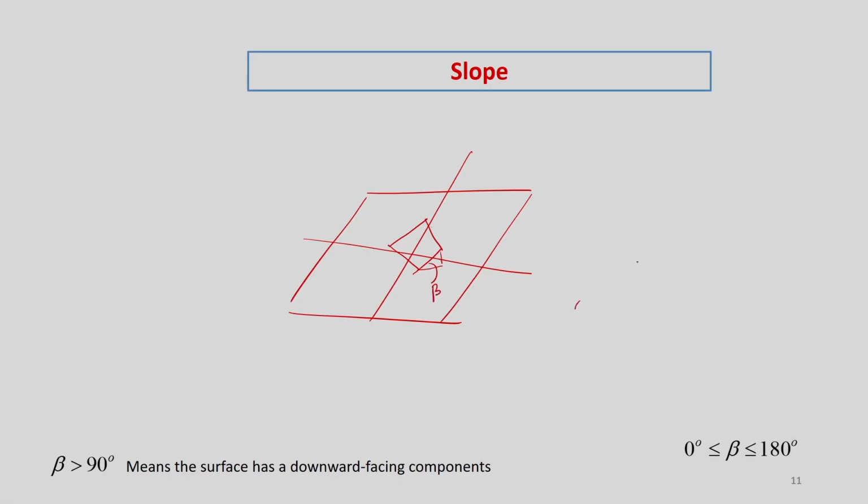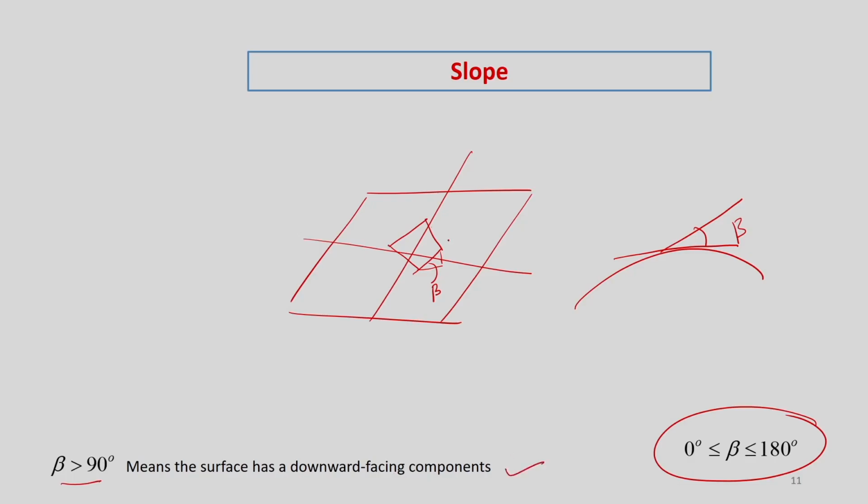Or maybe if you consider a horizontal surface and one inclined surface, this angle is beta. So it varies from 0 to 180, and sometimes beta is greater than 90. That means the surface has downward facing components.